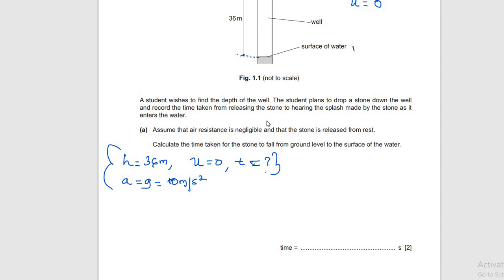We have H, U, T, and A. So we're going to use s = ut + half at squared. Our s, the distance, is the height, 36. It's falling from rest, u is 0. We are looking for the time, plus half a, which is g, which is 10, times t squared.